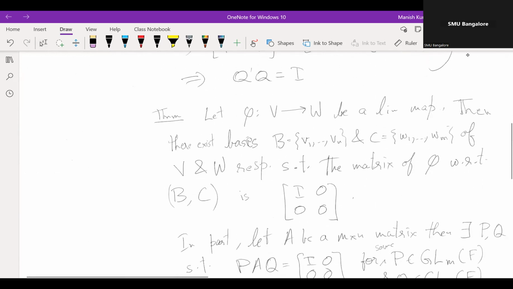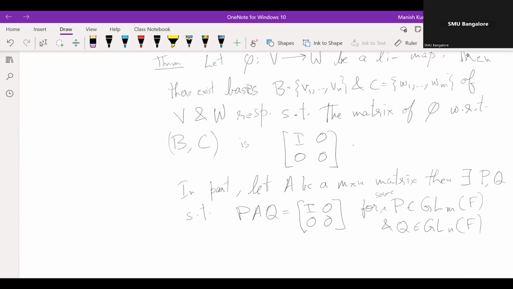So you can find P and Q not just arbitrary, but in GLn and GLm. Of course, if you take P and Q to be zero, then this is trivial, you can always make it into a zero matrix. So it becomes non-trivial only if you insist that P and Q are change of basis matrices.